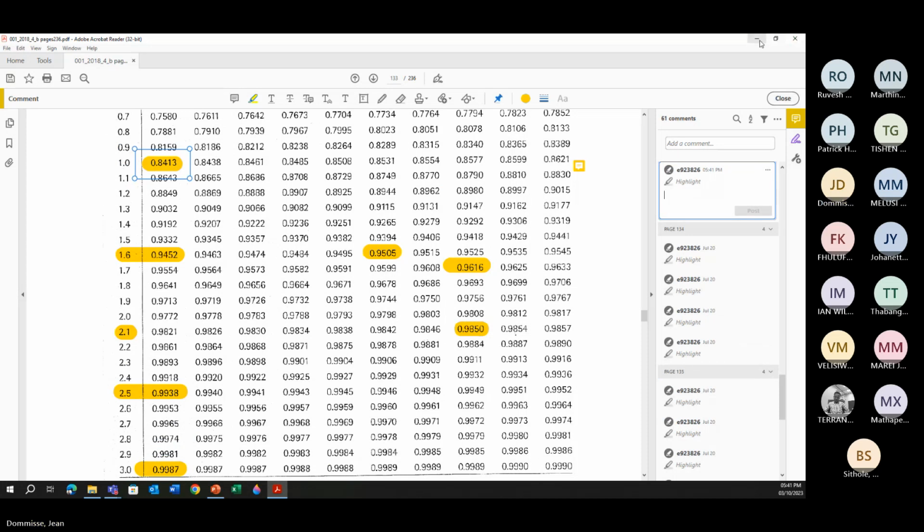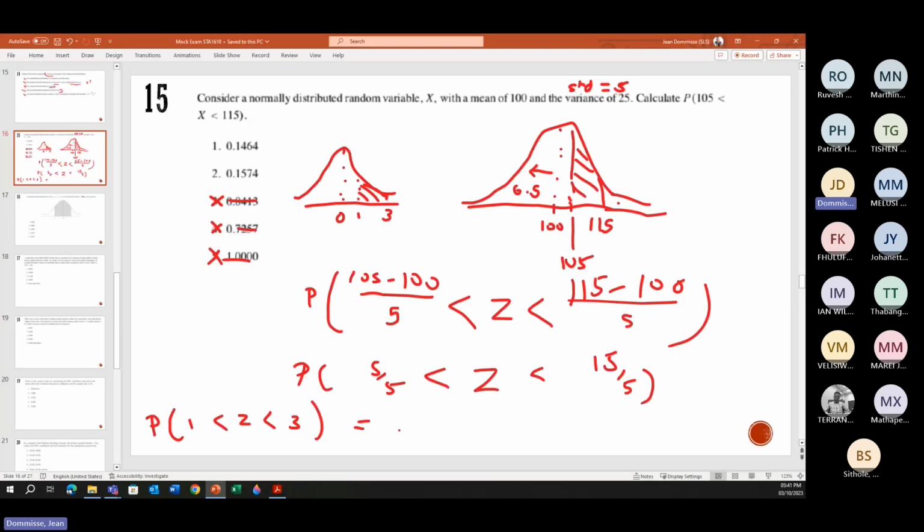So when I do this, I'm going to say 0.9987 minus 0.8413. And then my answer is going to be 0.1574. Okay, which is option 2.